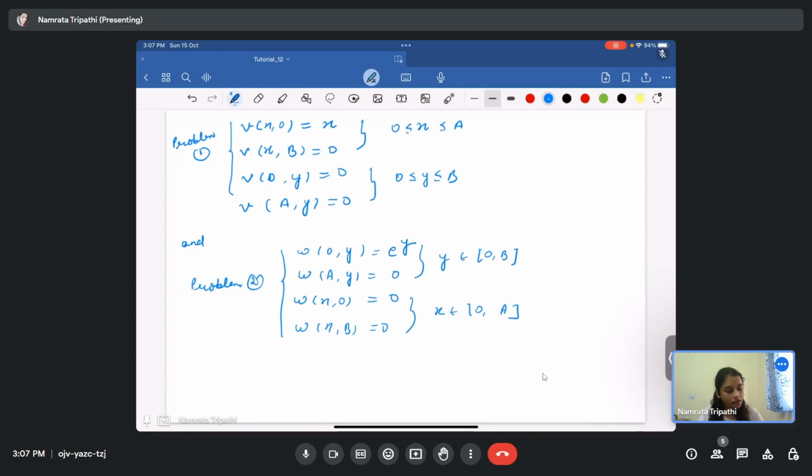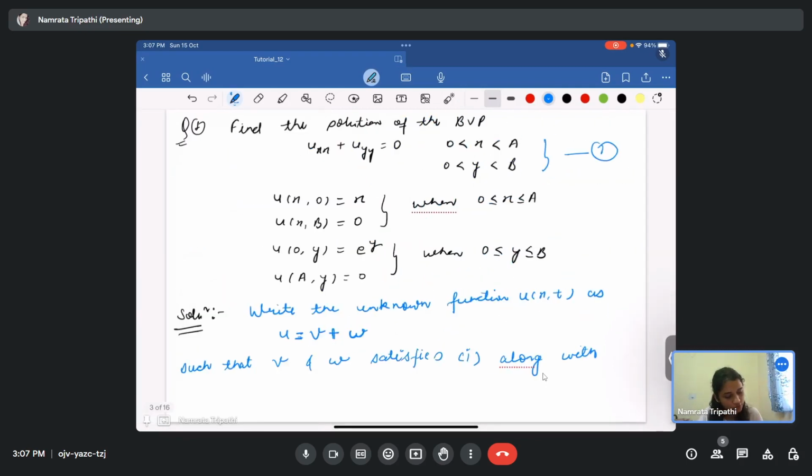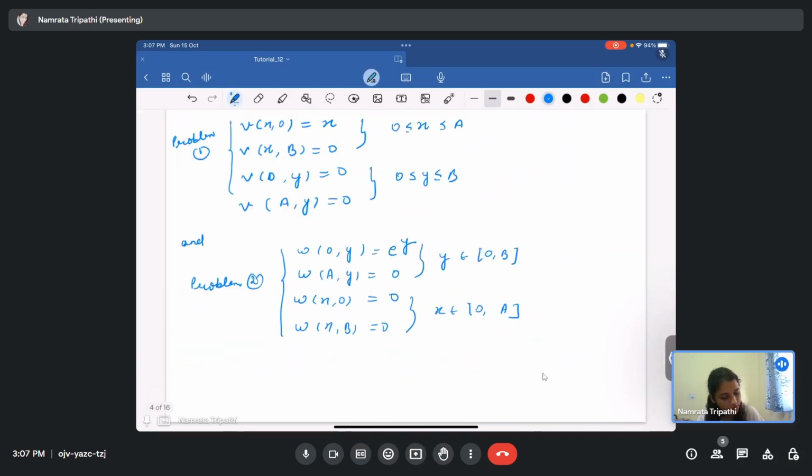Fine. So in this problem we have to solve for u. So first of all we will break u into two parts, v plus w. That means we break the boundary condition into two parts. This is the v boundary and this is the w boundary, domain, sorry.